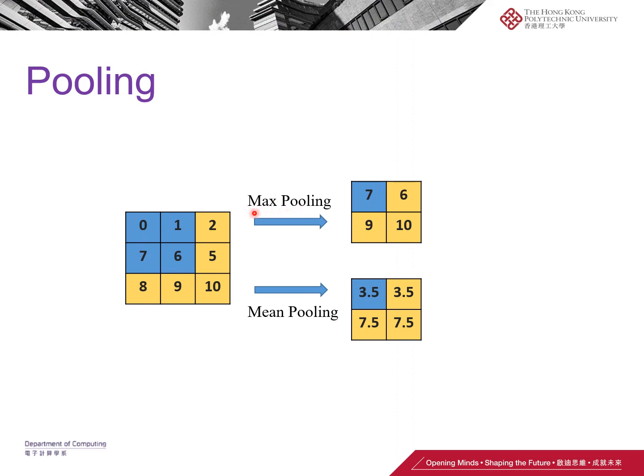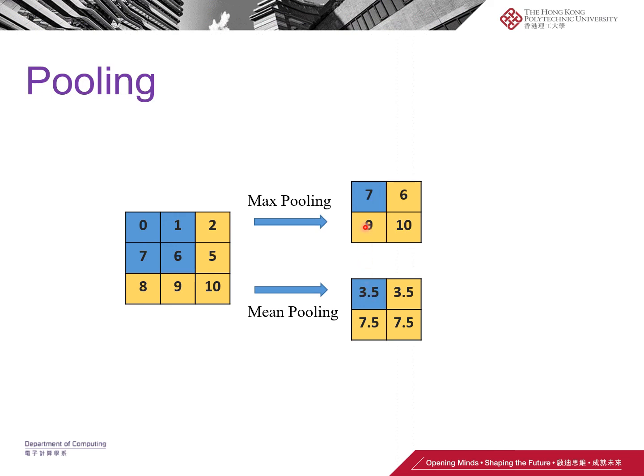For example, here is max pooling. That means every time we summarize these 4 values into one single value in the next layer. You could see that for maximum, we are taking the maximum value of these 4. And similarly, we can use mean pooling by calculating the average of these 4 in the new layer.